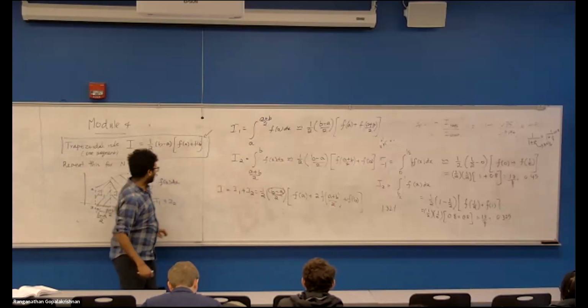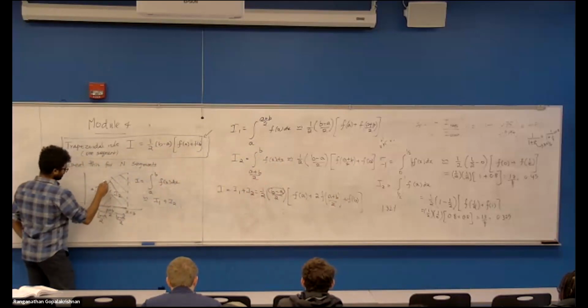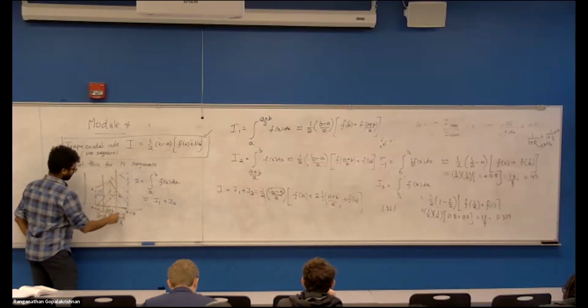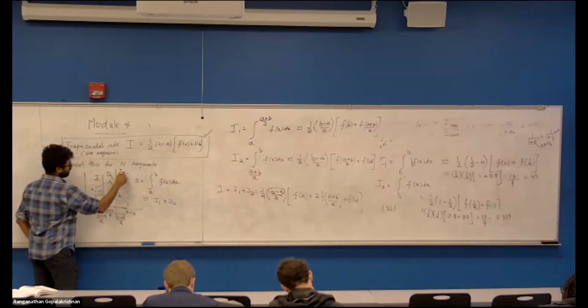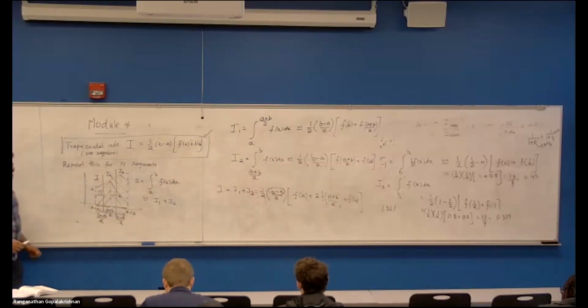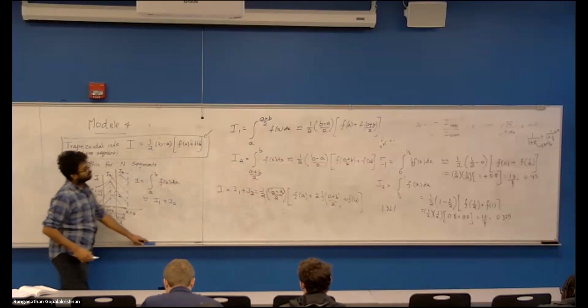So I want you to now try the same problem. Do this into 3 segments. We'll call it J1, J2, J3. Can you please try? You will see where this is going.